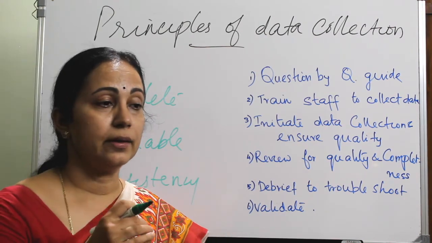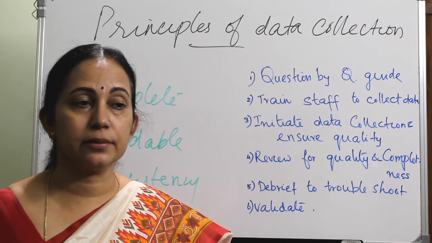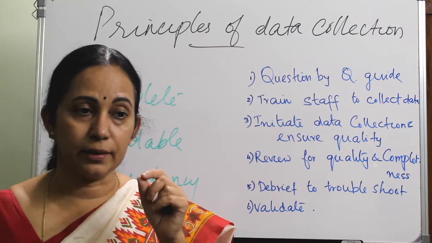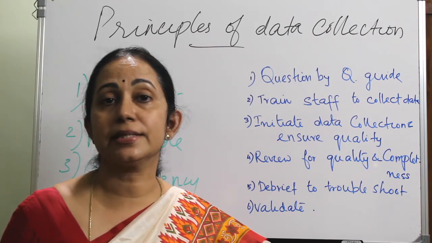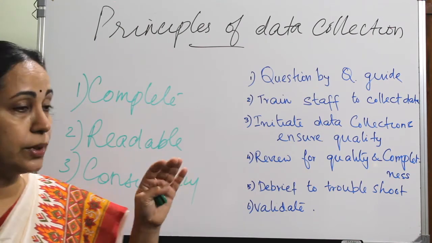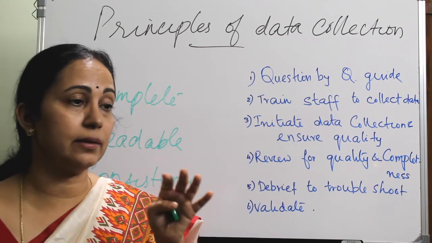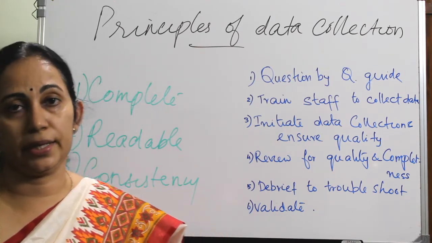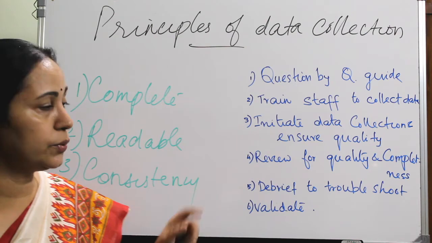And the practice of each investigator writing his or her name with signature on every collected data will increase the accountability of that data. So that will make the investigator more careful on data collection. Then debriefing to troubleshoot.